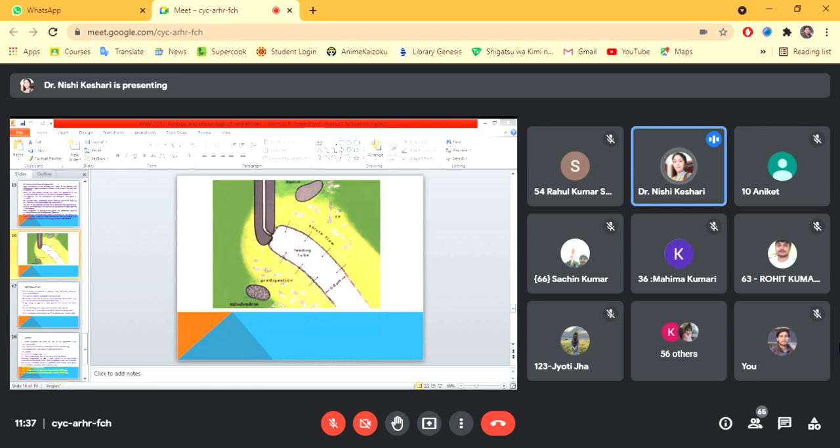Lumen is the hollow part where the feed, that is cell sap in liquid form, will come in for digestion. So what happens in the stylet? This lumen is not opening on the tip. Just remember this part, that it is opening on the ventral side.